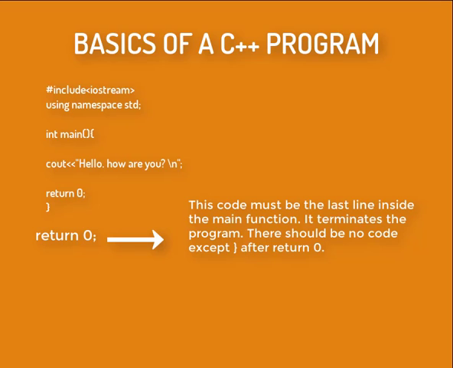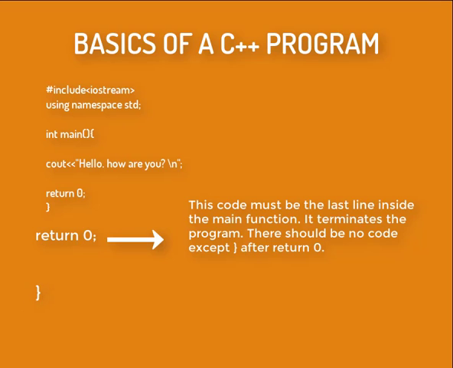There should be no code after return 0 because the program stops execution and the control returns back to the operating system when the program encounters return 0. So this is always the very last line in the main function, and this is essentially a message that the program is completed and now the program should end and the control should be returned back to the operating system.